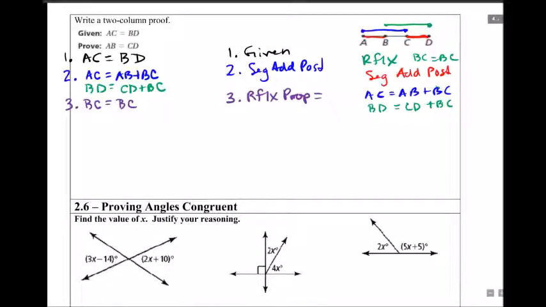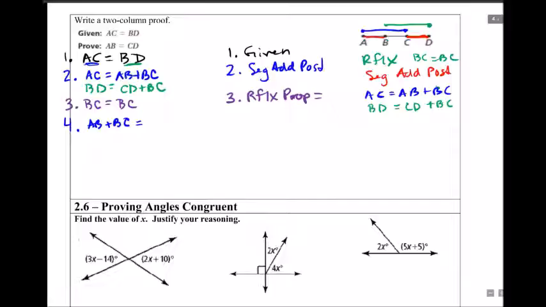So now I know that AC here and BD here, I have stuff that I can substitute in for those, right? I know that AC can be written as AB plus BC, and I can say that that equals BD.